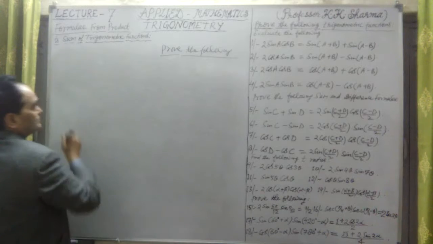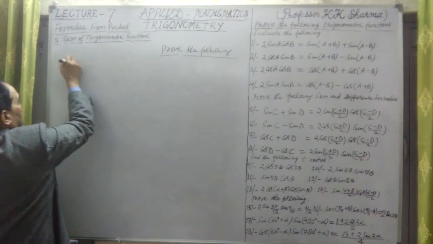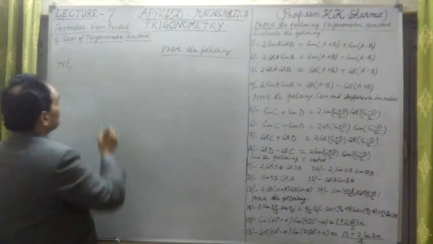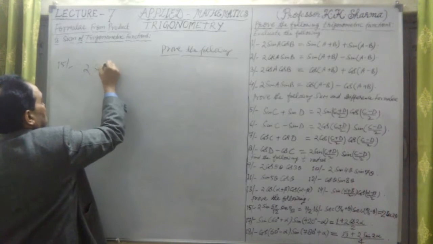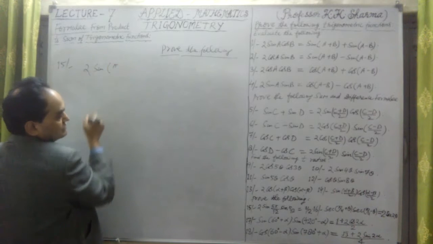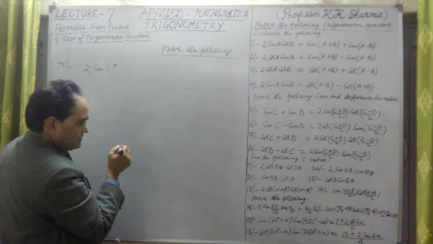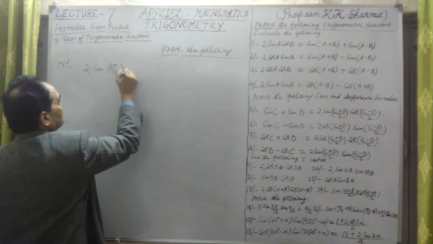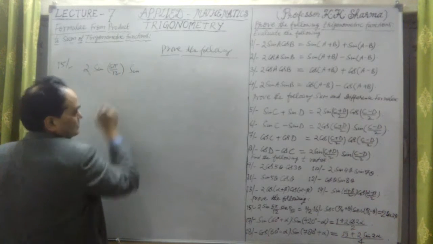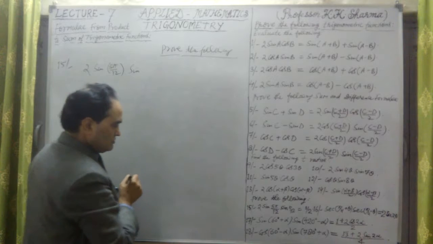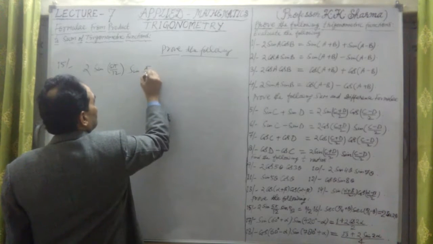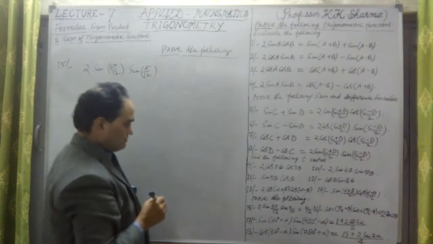Let me now prove this. Question number 15. We have to prove 2 sine of 5 pi by 12 into sine of pi by 12.